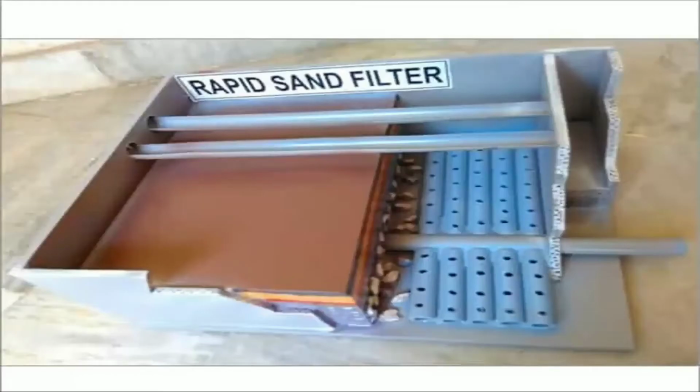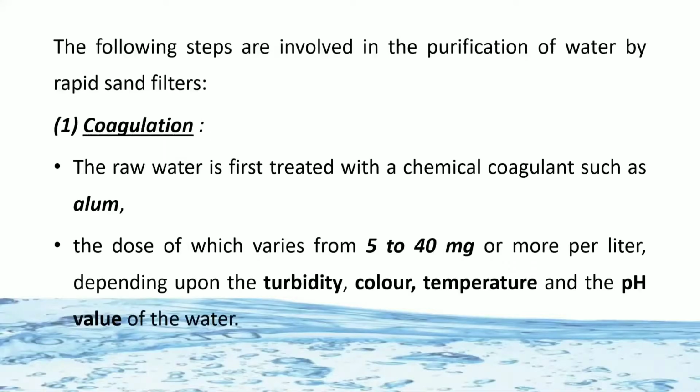See, this is the model of a rapid sand filter. In our department there is the same model. In rapid sand filter there are some steps. The first step is coagulation.